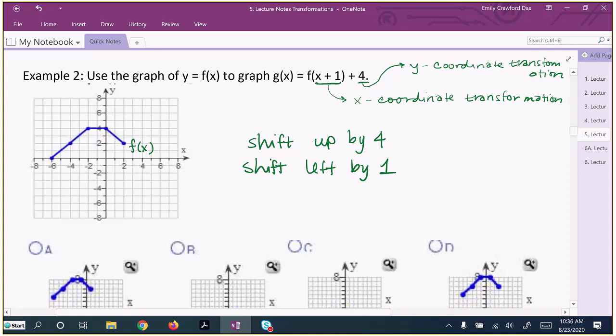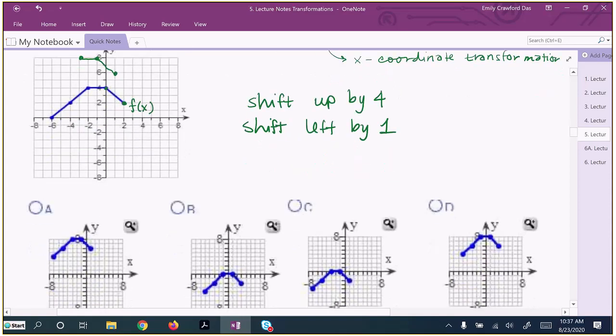So for example, this point, the rightmost point on the graph, if I shifted it left by 1 and up by 4, it should end up here. And I could do the same thing with each point. This point, left by 1 and up by 4, would end up here, and so on. So I'm going to look down at the options that I have and try to determine which of them is correct.